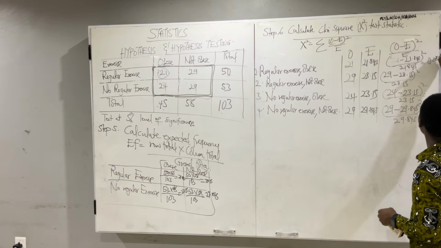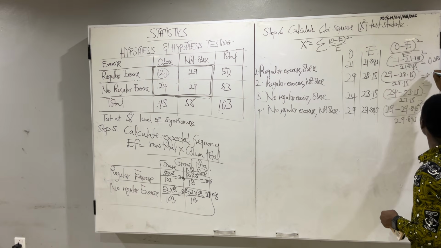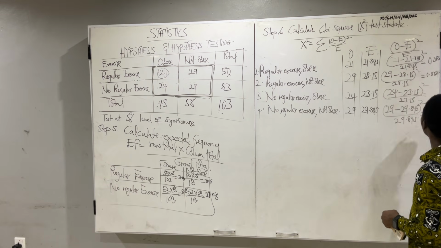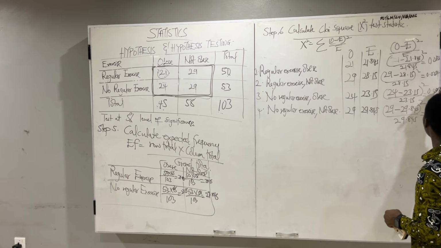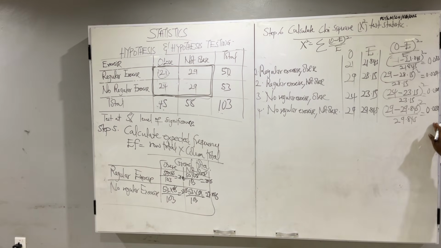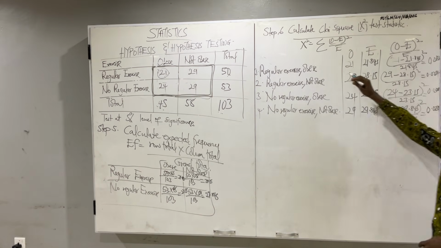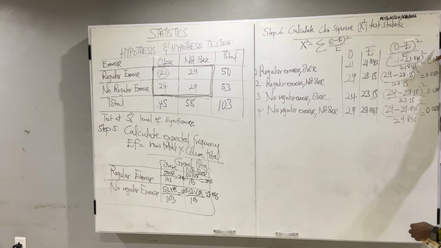0.033, 0.0254, 0.0308, the next 0.0239. These are the answers we are getting. The formula says big sum of, which means you sum all of these.